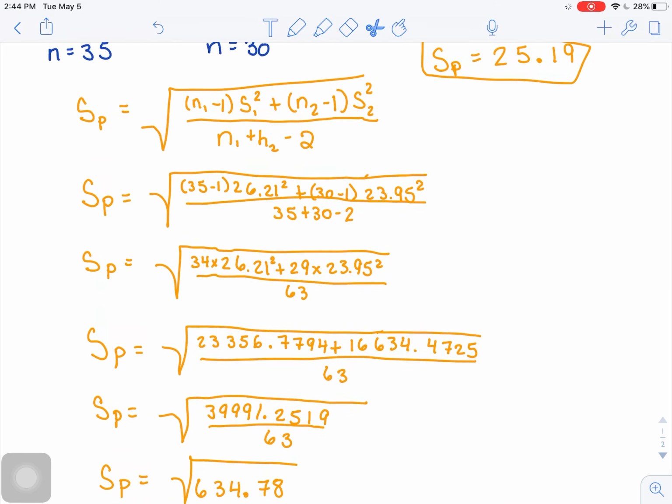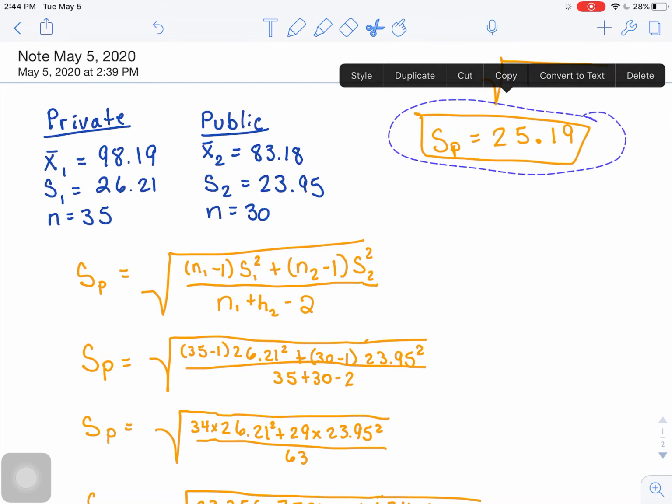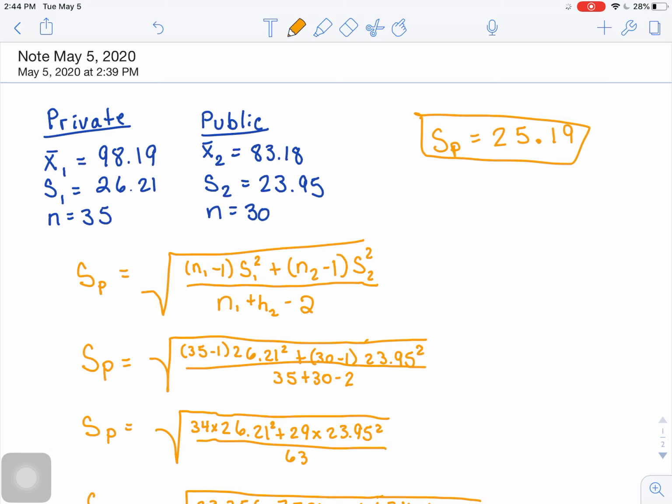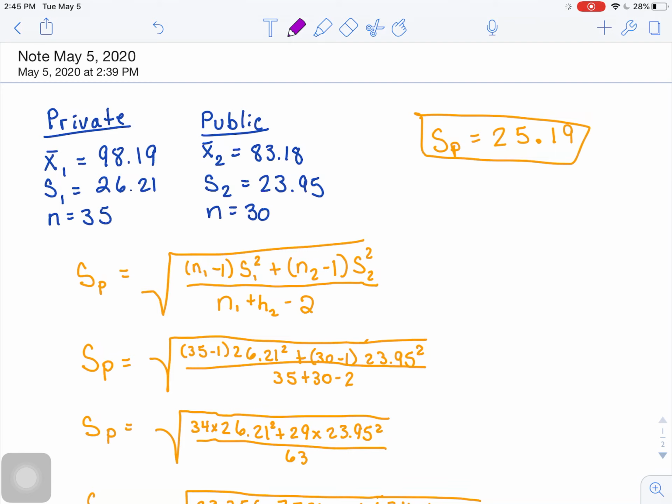All right, and I am going to duplicate this, and I'm going to bring that all the way back up to the top. We're going to get rid of the square root symbol, because now we have to use our pooled sample to fill into this equation, our test statistic.